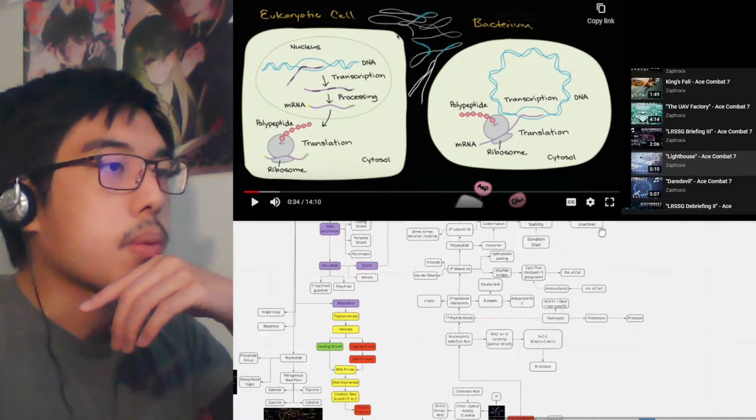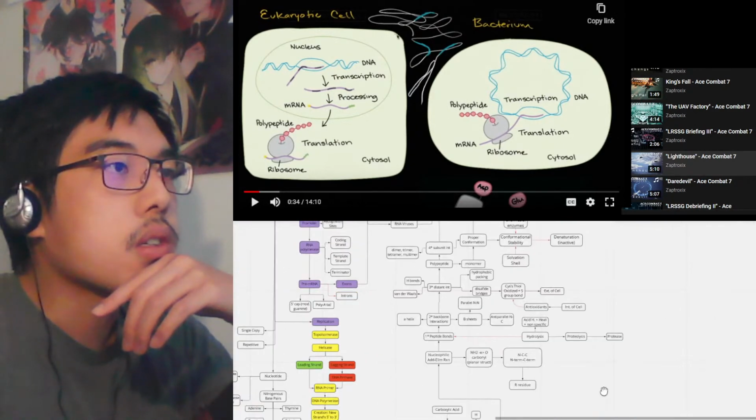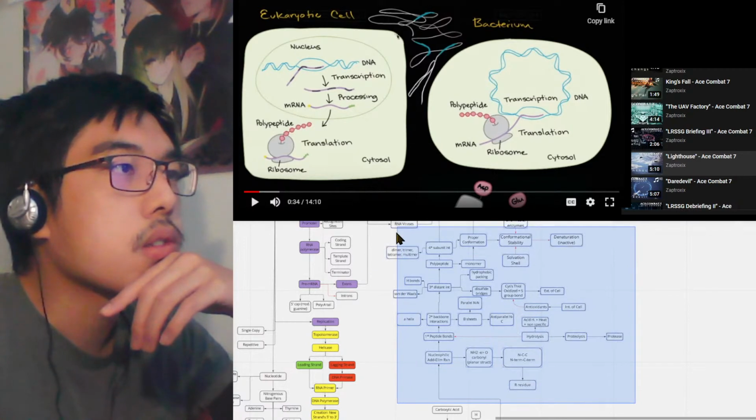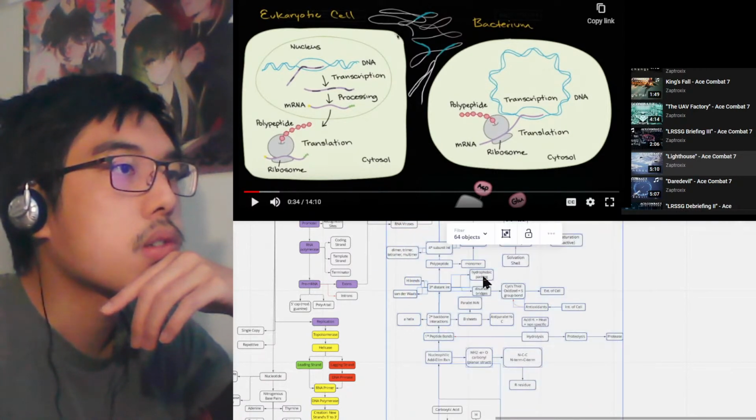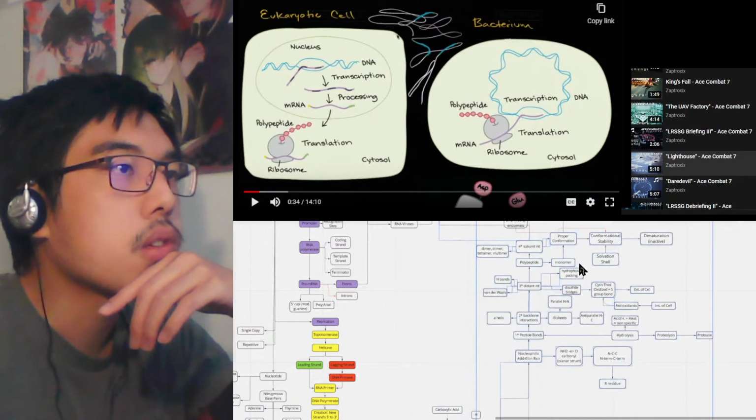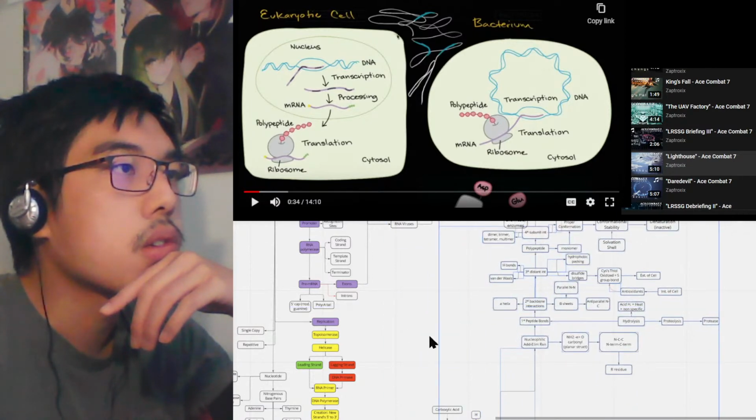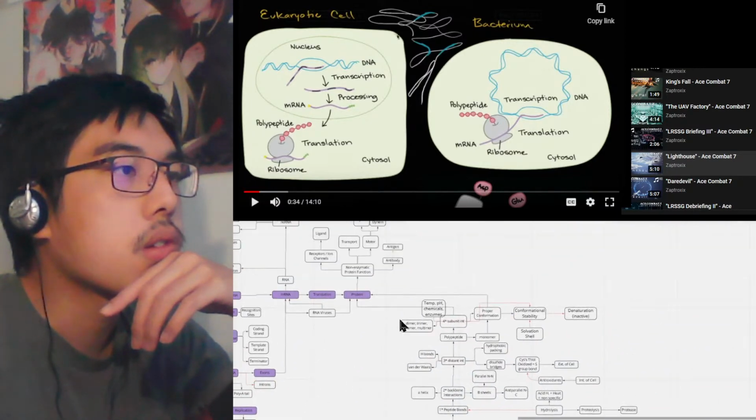I'm going to need to make more space again. Let's actually move this out to the side. Okay.